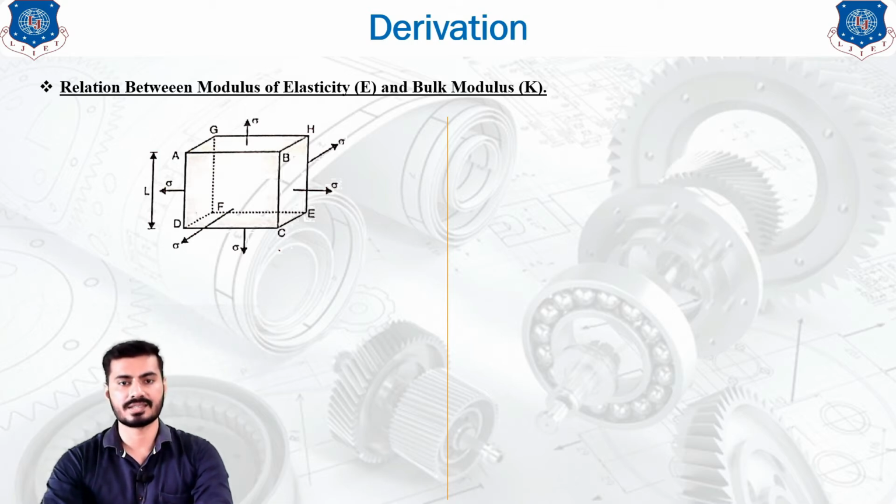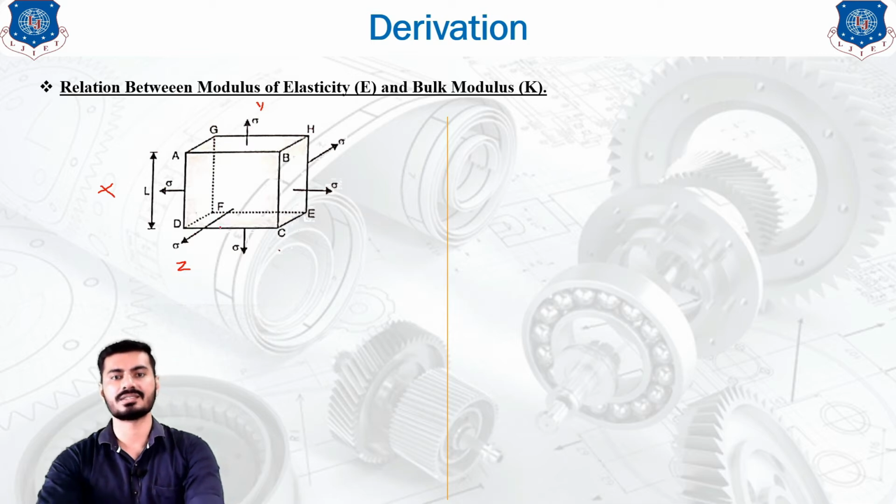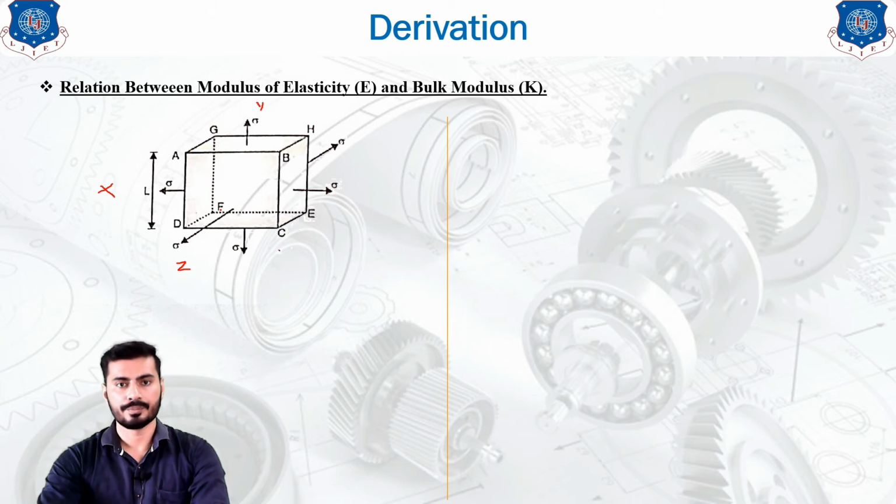As you can see in this diagram, the block is subjected to stresses in the x, y and z, three mutually perpendicular directions, but each stress is of equal intensity. We will denote the value of the stress as sigma.